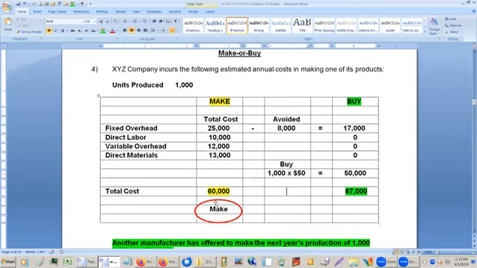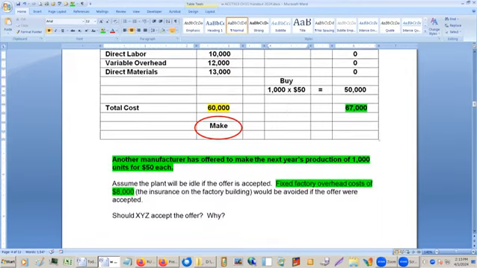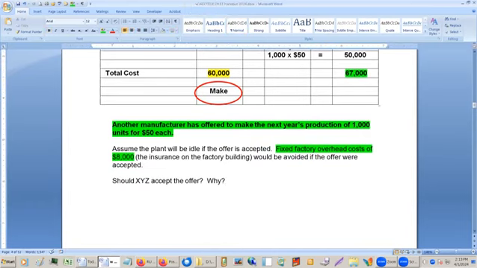Okay, we want to make them, and why? Oh, we want to accept the offer.